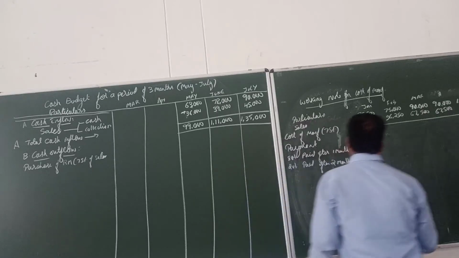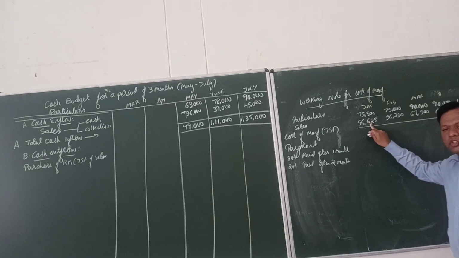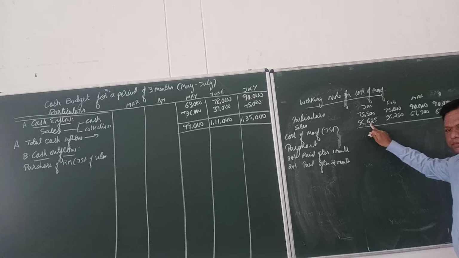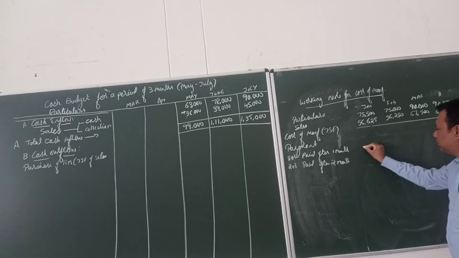See here, 56,625 is the cost of manufacturing expenses. Okay, 80% of this how much comes to?